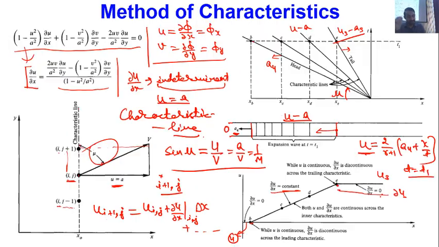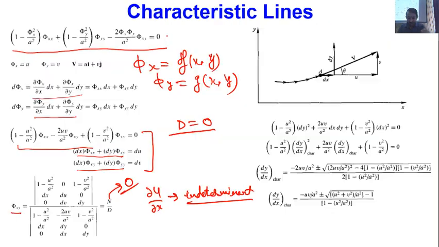What I am trying to say is that if you have a flow field where you have continuous variation of the properties, in that flow field the gradient of any flow parameter cannot be infinite, because your assumption is that the variation of properties is continuous. Here also you can see that del u by del x is changing from 0 to a constant value. It is not going to infinity. But the situation is, for characteristic direction, D has to become 0.